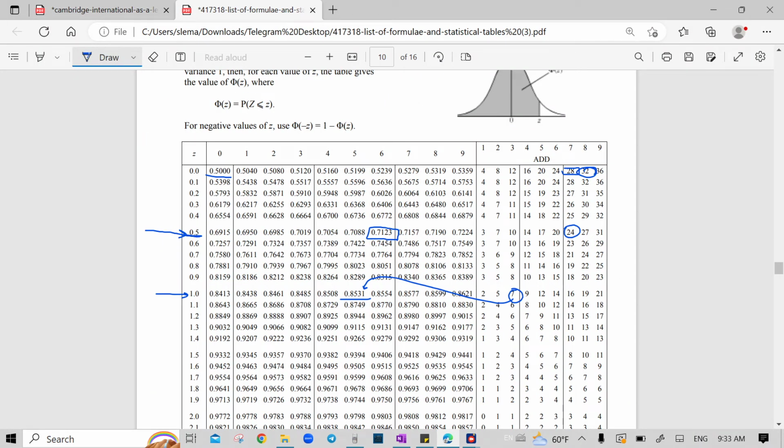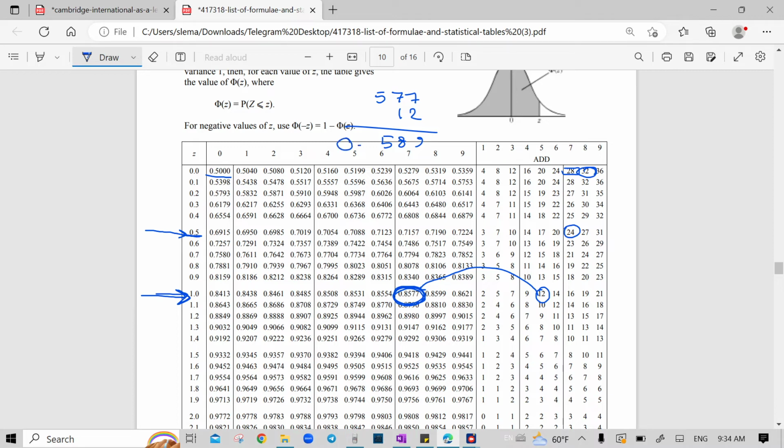1.75 is in the row of 1, so we're going to look at this row. 1.7 is here. 1.7, 5. 5 is 1, 2, 3, 4, 5, here. This 12 is going to be added to 577. 577 plus 12 will be 589.